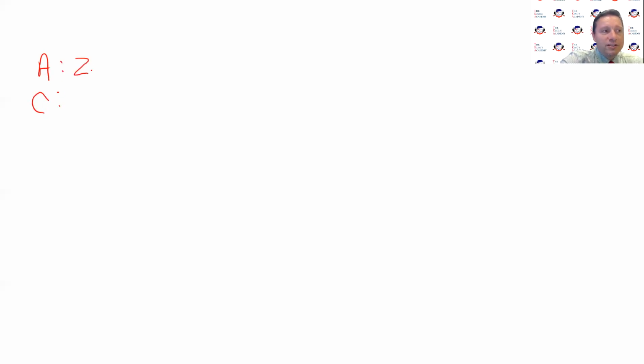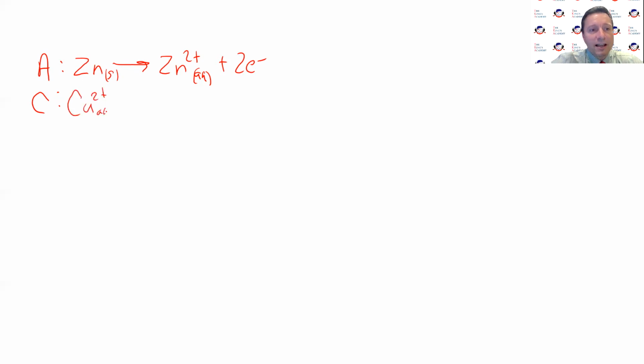The anode was the zinc solid reacting to form zinc 2 plus aqueous plus 2 electrons. Then we have our cathode, which is the copper 2 plus aqueous plus 2 electrons going to form copper solid.